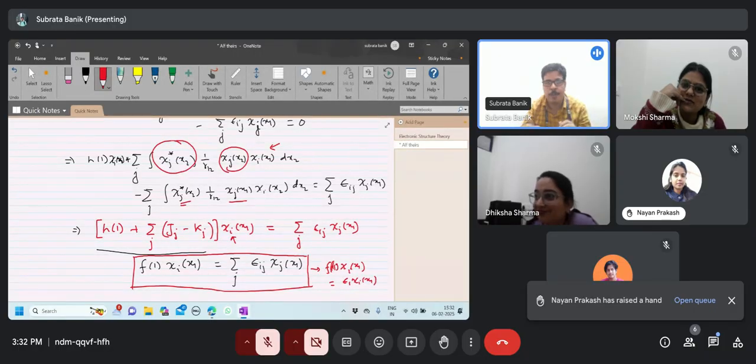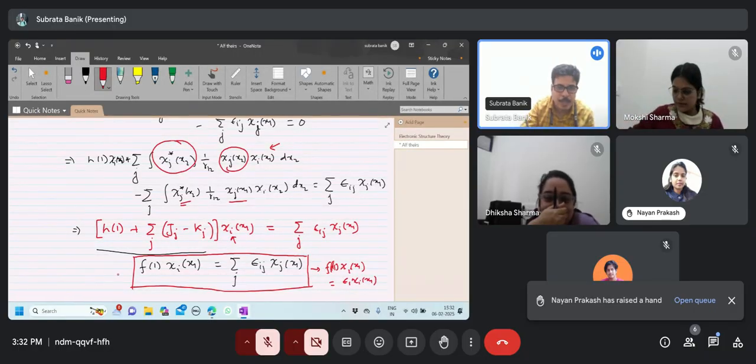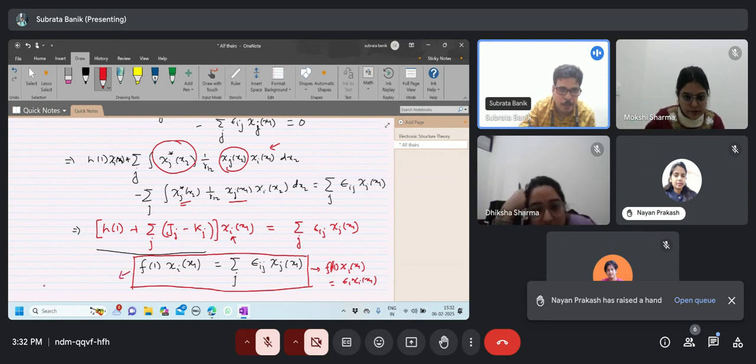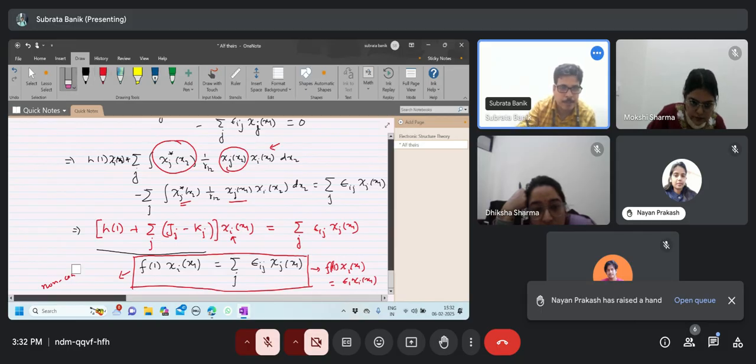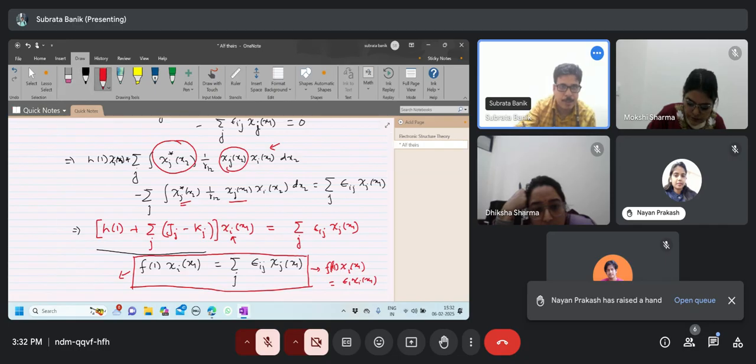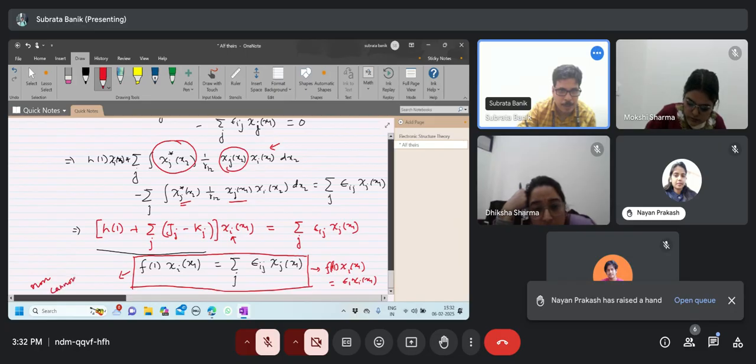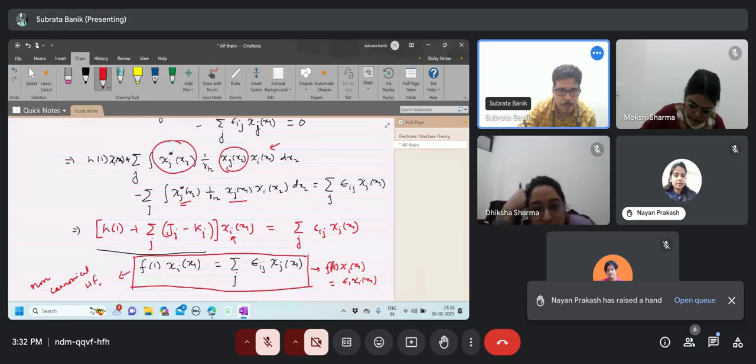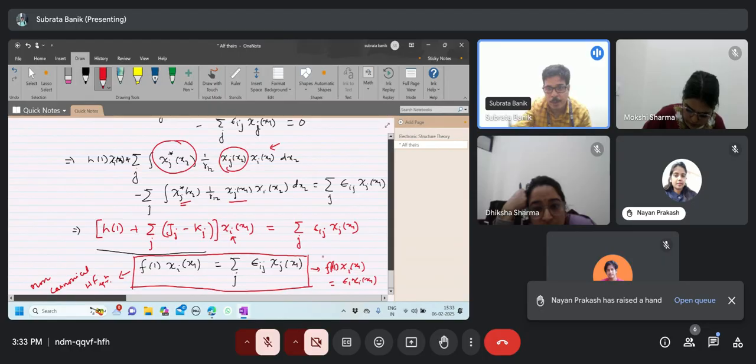So this is called the non-canonical Hartree-Fock equation, and this is called canonical Hartree-Fock.